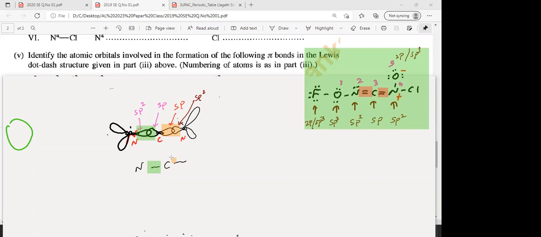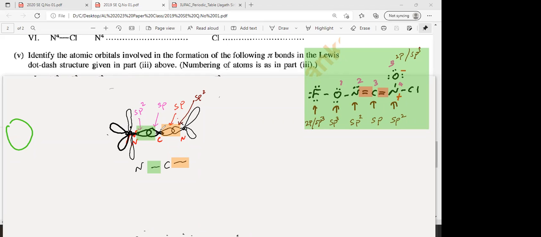Like this. Now two sigma bonds are linear, right? Two sigma bonds linear here. But if you take the pi bonds, now there will be a 2p unhybridized orbital. This one has a 2p unhybridized orbital like this, and the other has a 2p unhybridized orbital there like this.